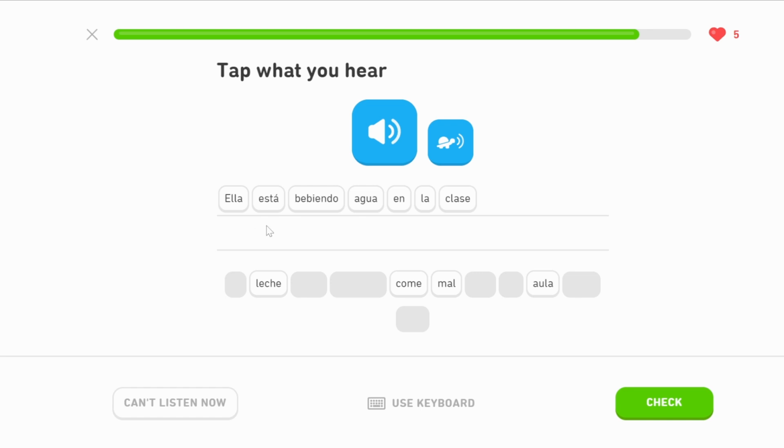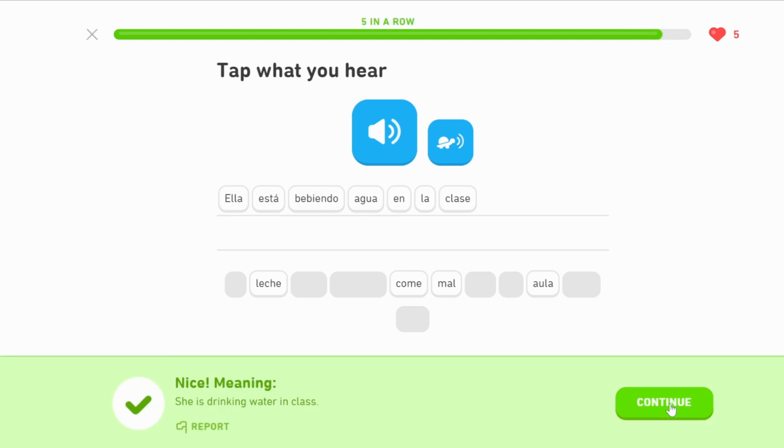Está is she is. Está is the third person again. Ella or él for him, you would use está. So she is bebiendo, drinking, because it ends with the endo. She is drinking agua, which is water, en la clase, in the class. Or in class. I think it will come up with she is drinking water in class. Cool.